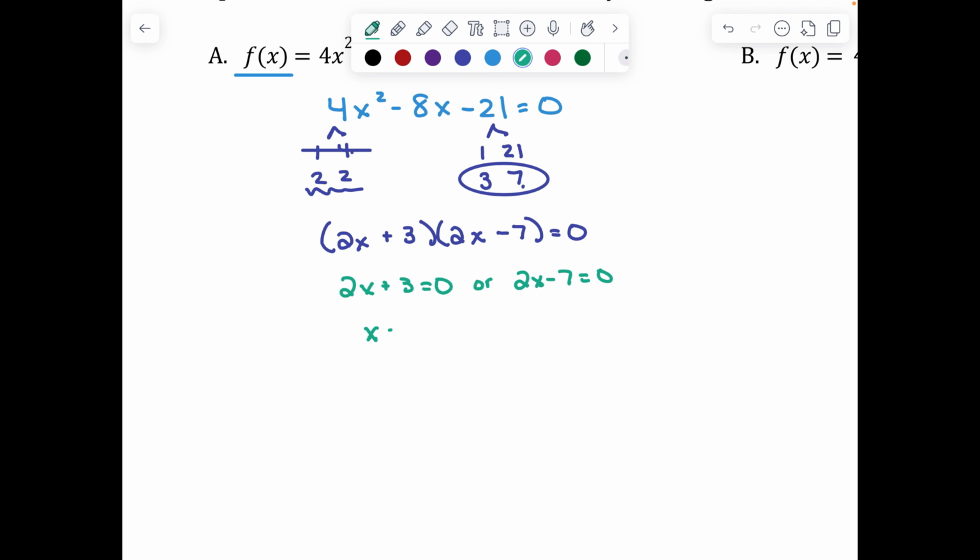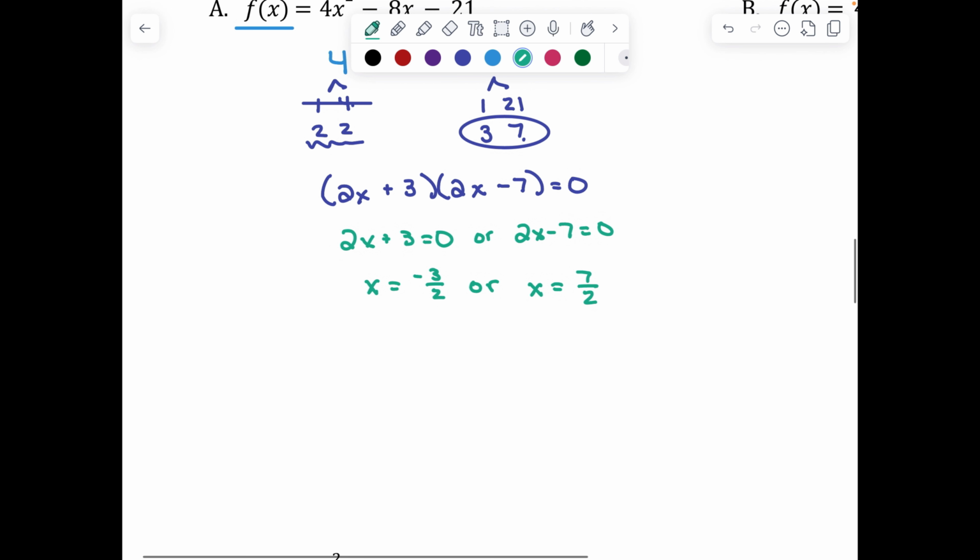So this gives us x equals negative 3 over 2, or x equals 7 over 2. So when we write our answer, I'm going to say the zeros are negative 3 over 2 and 7 over 2.